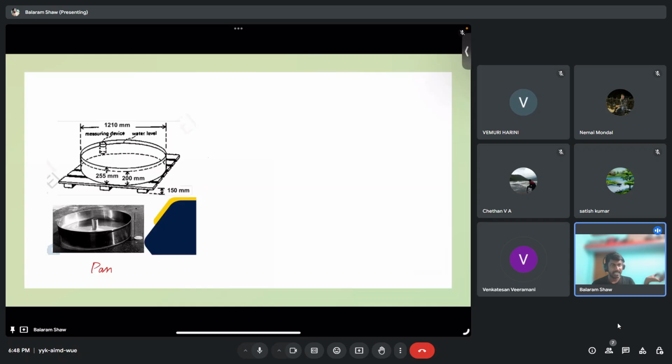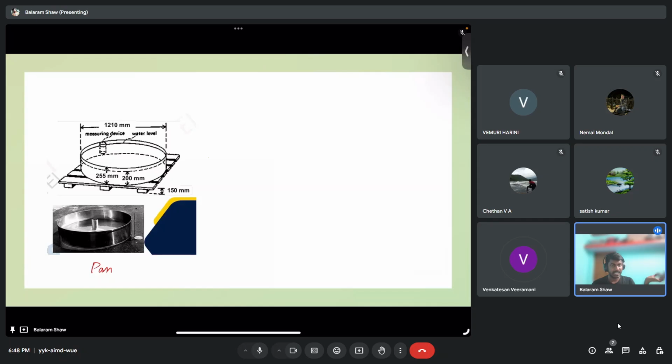Okay, so the dimensions that you can see are the same for both the class A pan evaporimeter and the ISI standard pan. But again, with this improvement we are getting an improved result of the evaporation. But again we have something that we are missing in this evaporimeter, that is ISI standard pan. What is that?